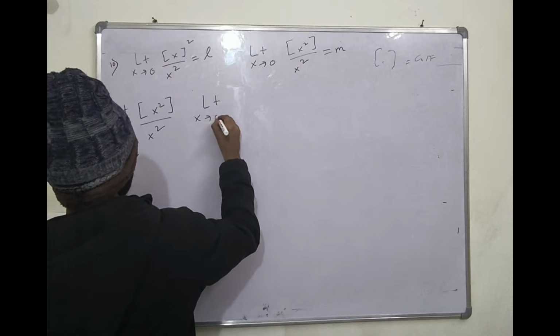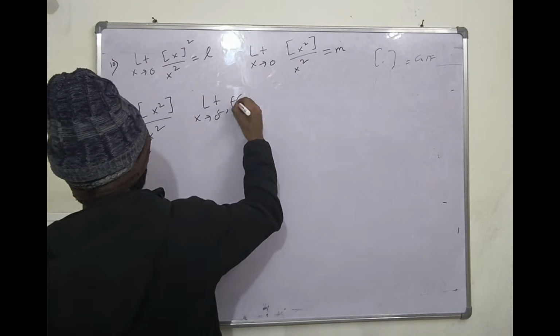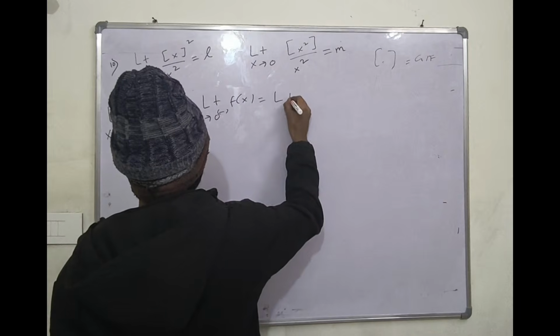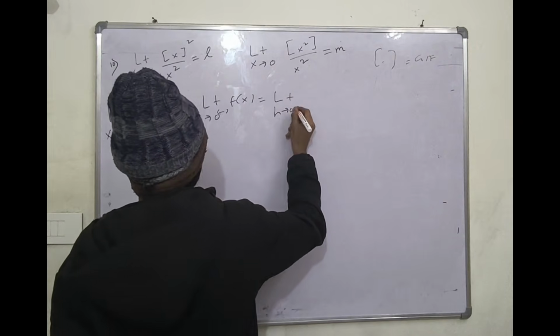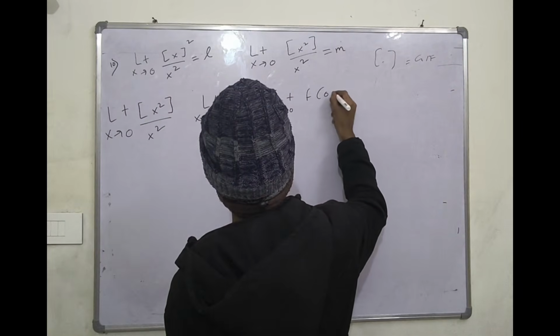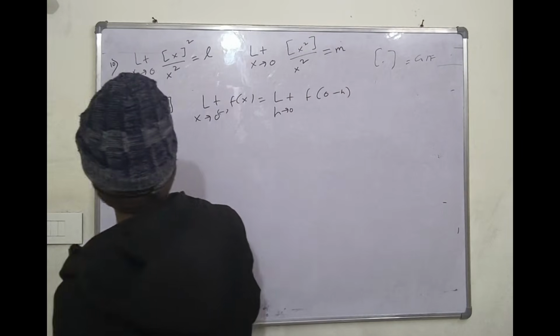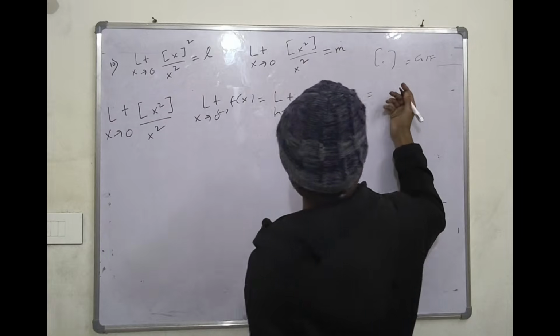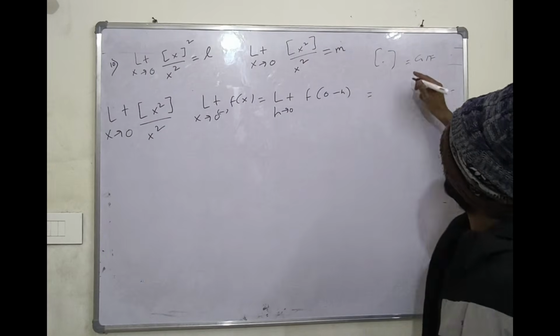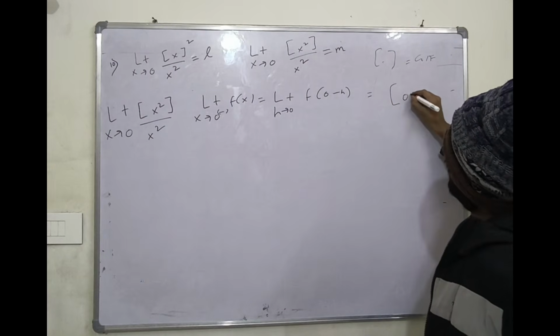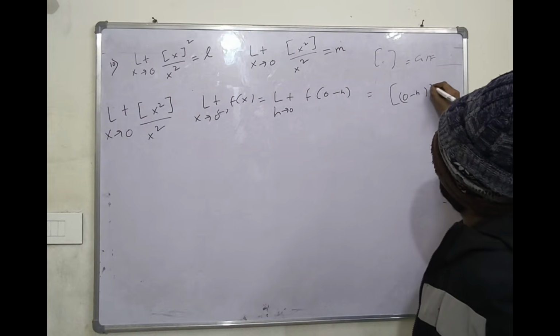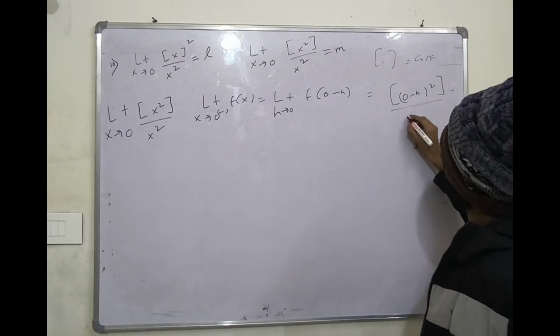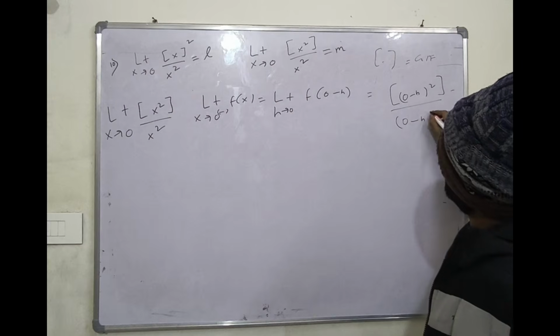X tends to 0 minus f of x equals limit h tends to 0 f of 0 minus h. Okay, this equals, h is less than 0, so there (0 minus h) whole square by (0 minus h) whole square.